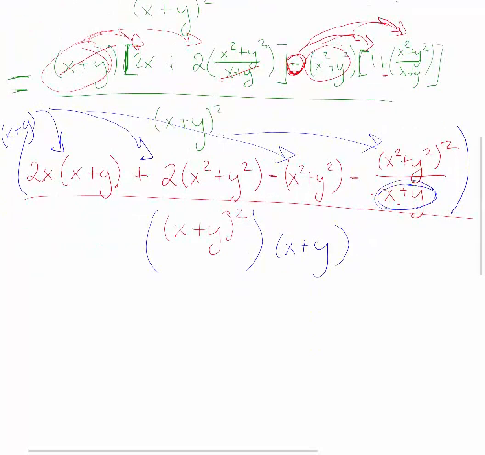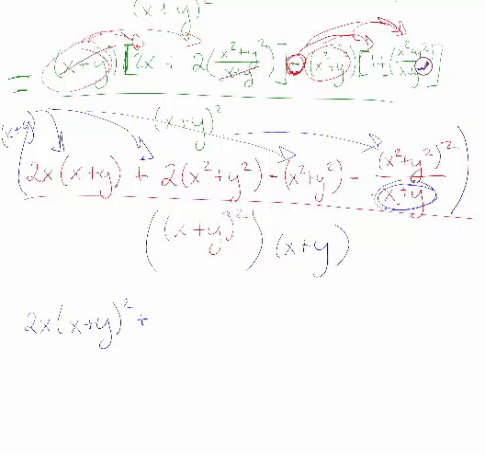So we'll get 2x, and then it'll be x plus y squared, plus 2 times x plus y times x squared plus y squared, those are different, minus x plus y times x squared plus y squared, again they're different.